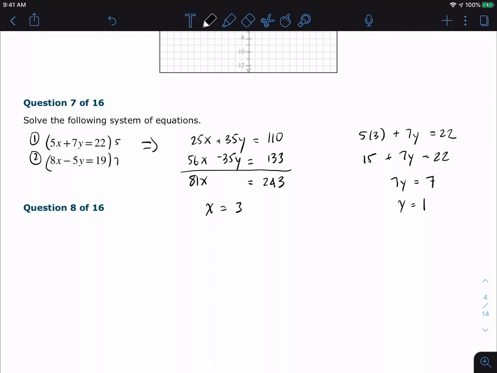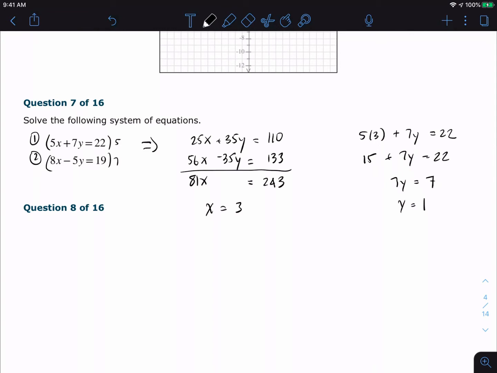Yeah, that too. I was getting confused by the way they were doing it, and so even if it's a negative 5y, you still just multiply it by positive 5. You don't do the negative 5. Yeah, because the goal here is to have them have opposite signs so that when we add them, they cancel out and you only have one variable left.